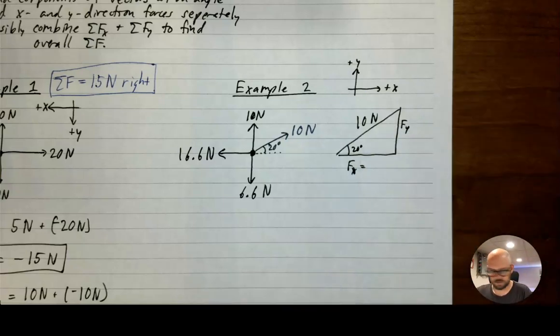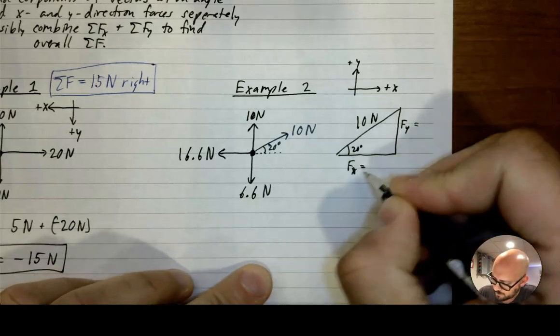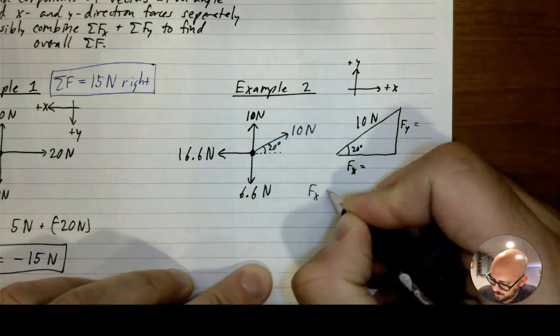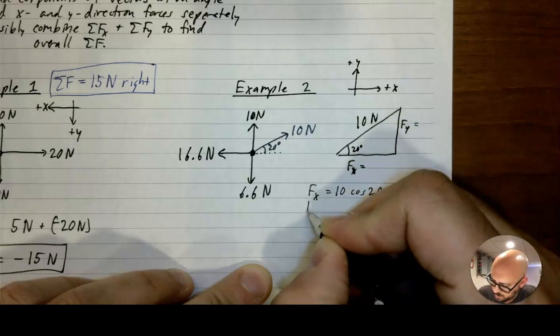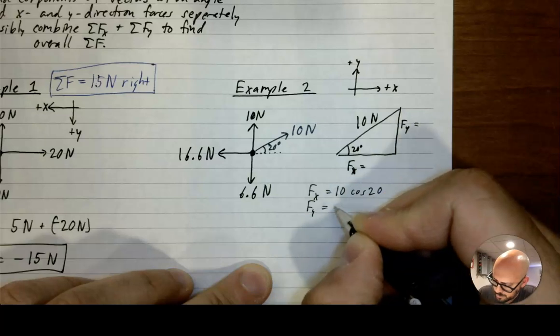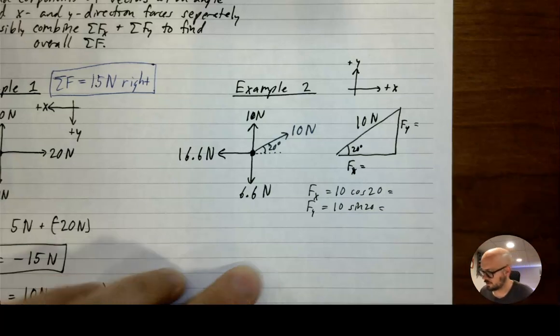So I can set up some calculation here to take care of that. Let's do that with a smaller pen. So for Fx, Fx is going to be 10 newtons times the cosine of 20. Fy is going to be 10 newtons times the sine of 20. So you just want to take care of that trig real quick.